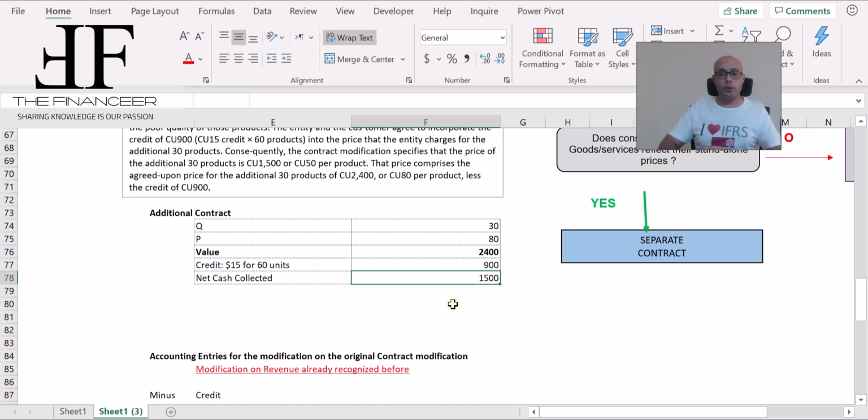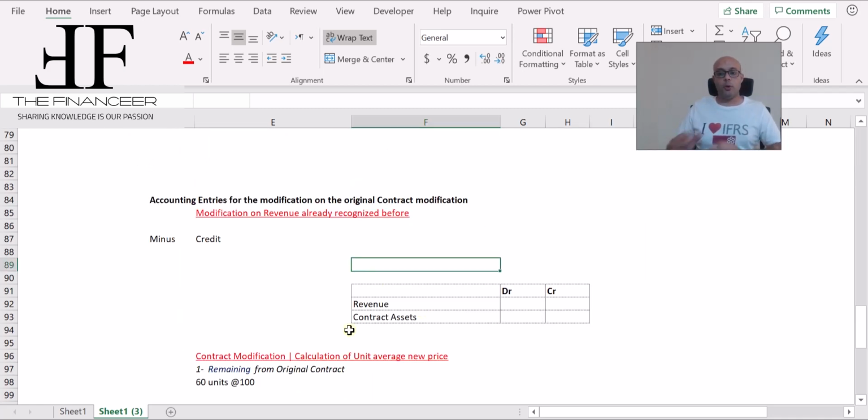So you deduct the 900, and the remaining cash that the company collected is 1,500. Again, this is the way that the customer agreed with the company. But we shouldn't follow this way, and we have to follow our accounting and analysis for the case that we have just explained. Now let's do the accounting so far.